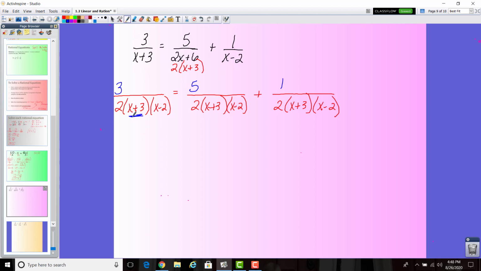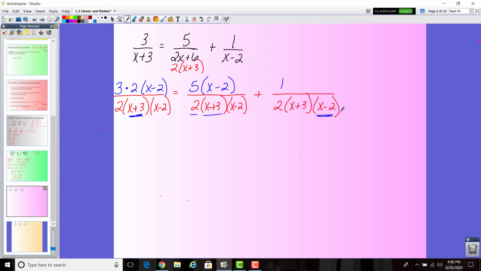That means to my original denominator of x plus 3, I multiplied it by 2 and x minus 2. So that means the top has to get multiplied by that. 5 was over the factors of 2 and x plus 3. To those factors, I put in the factor of x minus 2. So 5 is going to multiply by x minus 2.